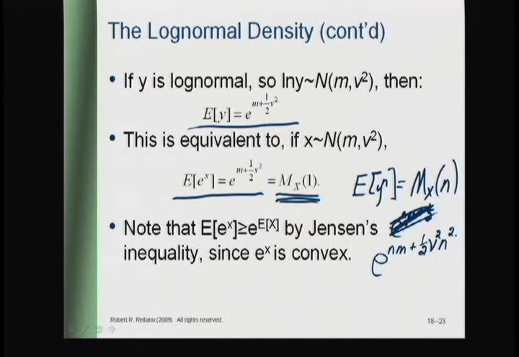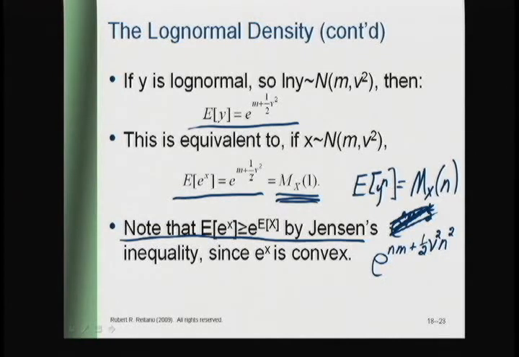And from that, we can then get a formula. There's a note here relating to Jensen, namely that notice that the expected value of y, which is the same as the expected value of e to the x, is bigger than e to the expected value of x. Notice that in the exponent, it's not just e to the m, it's e to the m plus something.